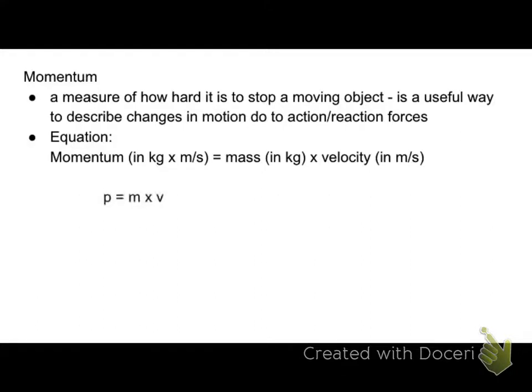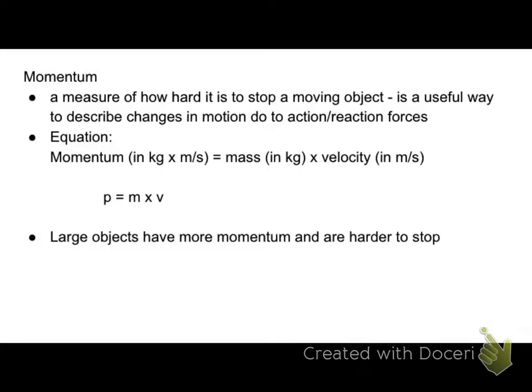It can be written as P equals M times V. We have to come up with another symbol for momentum because we already represent mass with the letter M, so we represent momentum with the letter P. So your momentum is equal to your mass times your velocity.